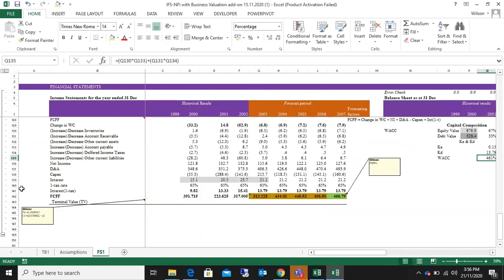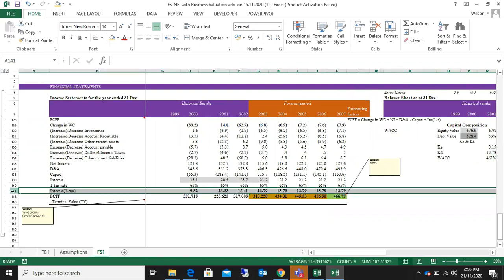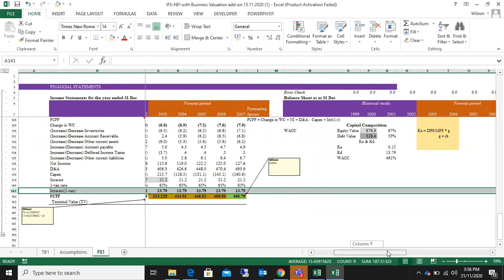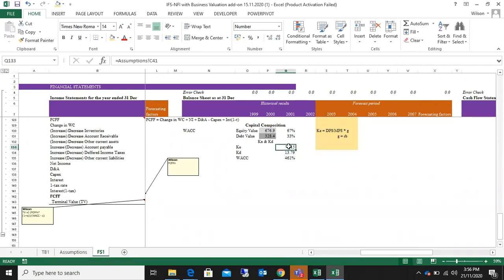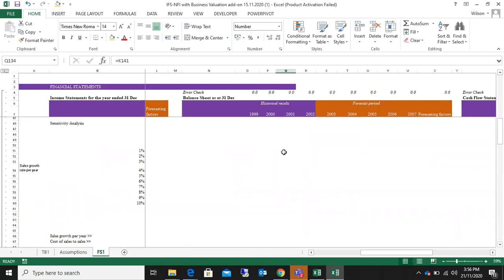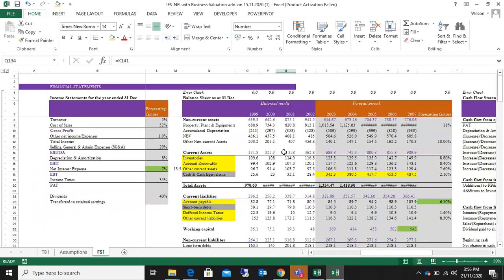So for our cost of debt, let me see. Now this cost of debt, what we are using here for the interests, let's pick that in the same period we use. We use 2002, which is the immediate prior year, right?